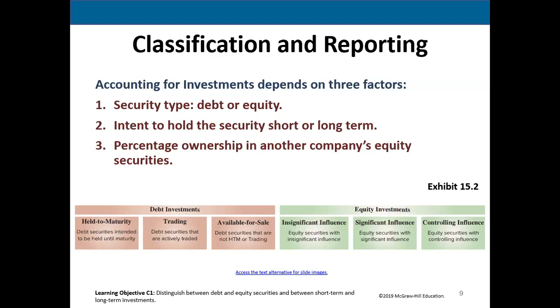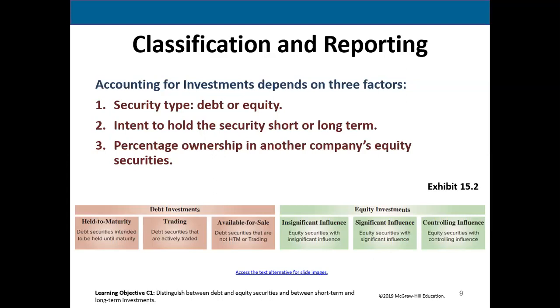So we, the investor, if we own less than 20% of the stock of a company, normally we can't influence its operations that much. So we call it insignificant influence. So if your investment in stock falls in that category, you'll do special accounting. Then we have significant influence. That's where your ownership percentage now may be above 20 to 25%. It may not be at 50% or more than 50%.